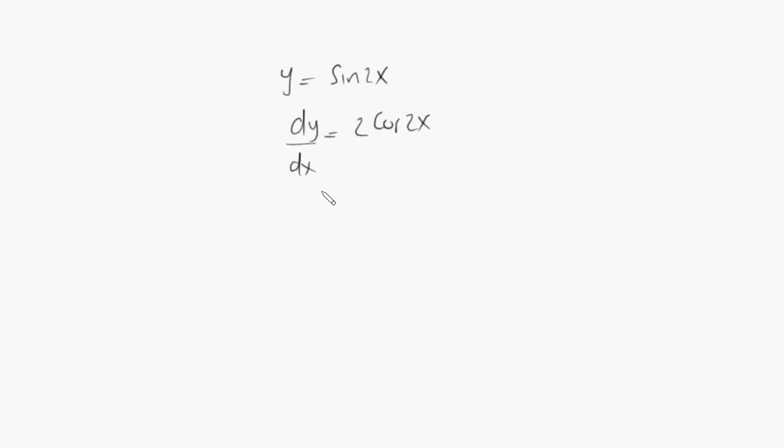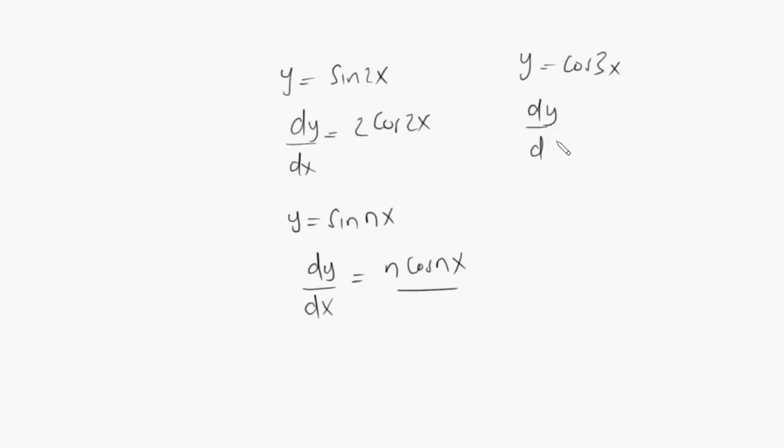Now remember, most of the time, for y equals sin nx, where n is a positive integer, just understand that dy dx will be equal to n cos nx. And the other one we said was y equals cos 3x, and we got dy dx equal to negative 3 sin of 3x.